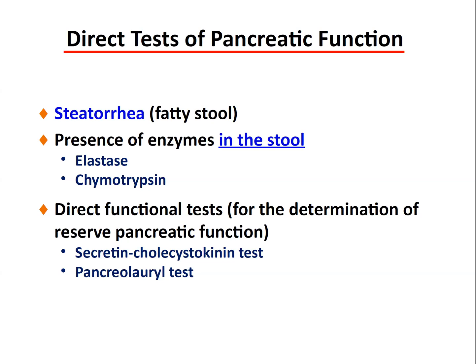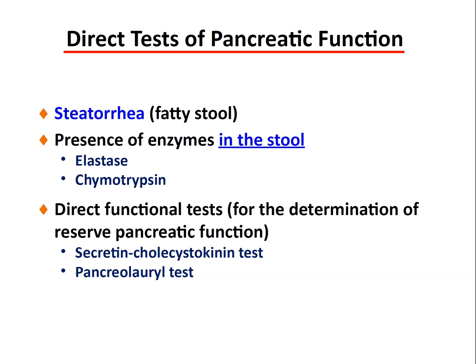Chymotrypsin, trypsin and amylase are not good because these enzymes are degraded during the passage. As you know, every pancreatic enzyme is synthesized in a pro-enzyme form, and afterwards they cleave each other and become active. This is why only elastase is good, because elastase is produced proportionate to the enzyme, but is not degraded during the digestive process.